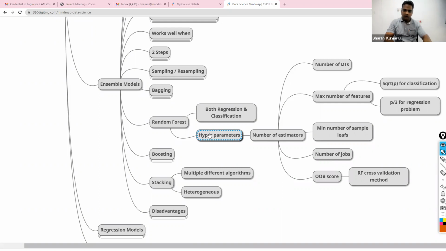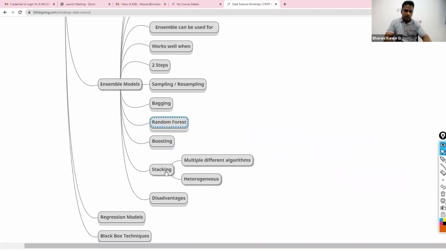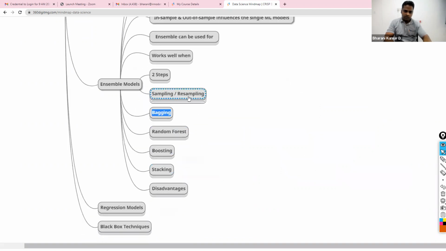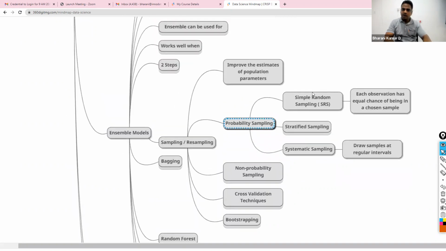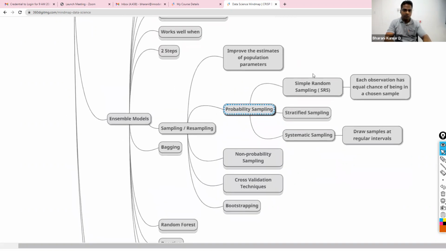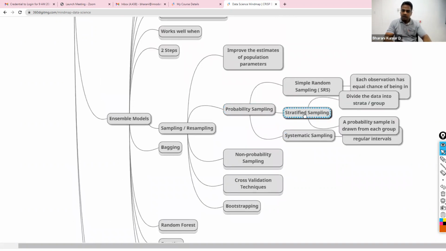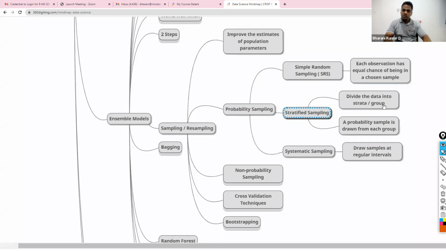All right. Now, before moving to boosting, I wish to talk about these sampling techniques. A few are missed out. Simple random sampling, you are anyways aware of. Then we have stratified sampling, which means you create strata or groups. For example, whenever you have elections, there are exit poll results, right?